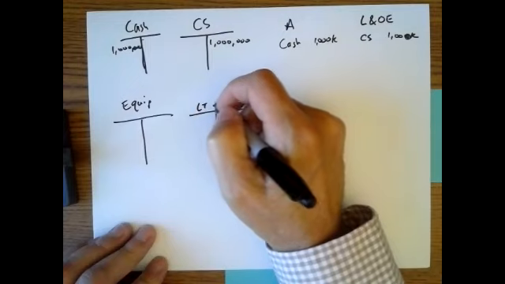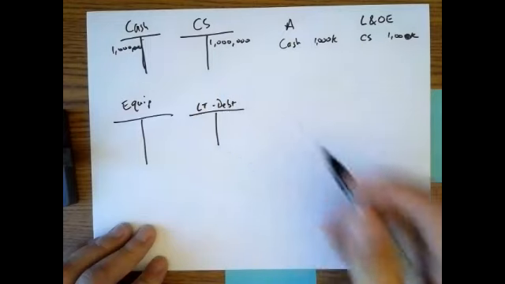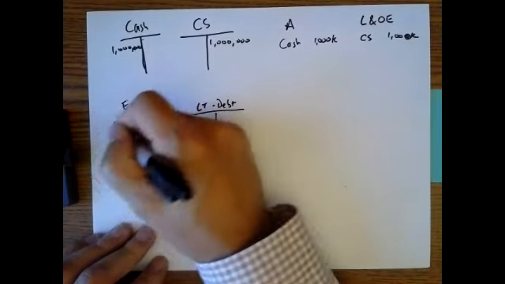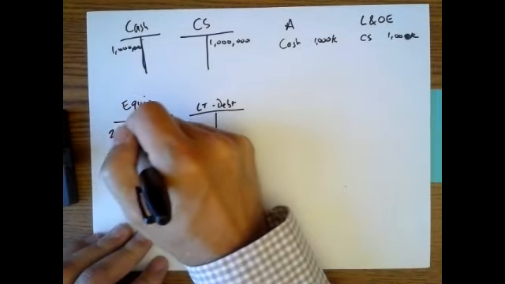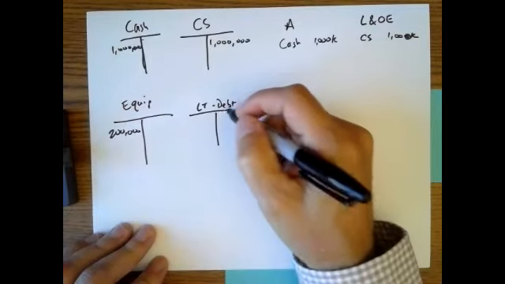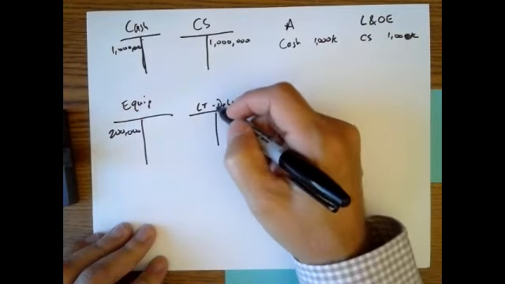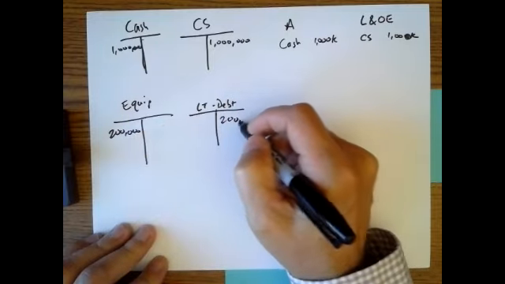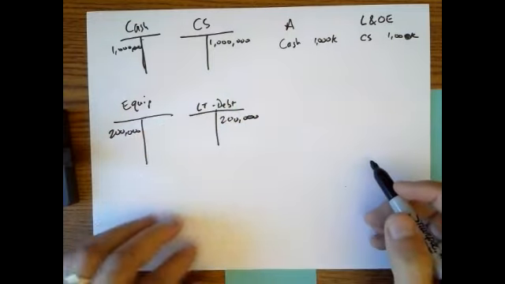Long-term borrowings, we'll just call it long-term debt. Well, the equipment is an asset, and it's $200,000, and the long-term debt is in the same amount. If I'm buying it all with long-term debt, then I'm buying $200,000 in long-term debt.